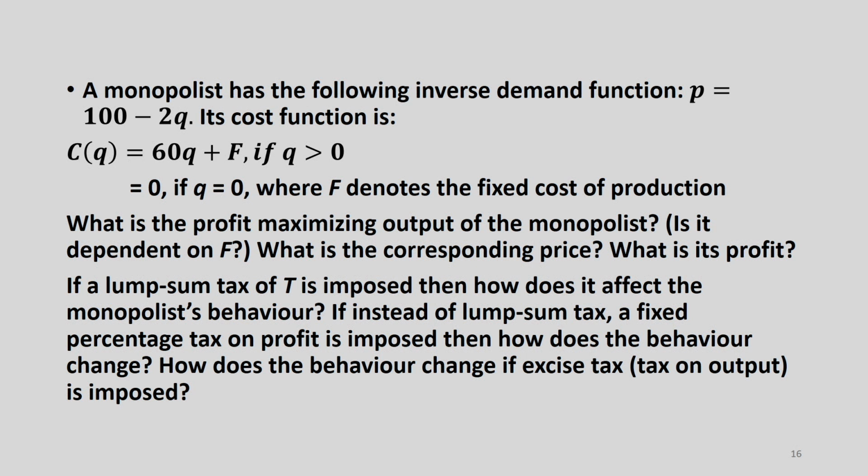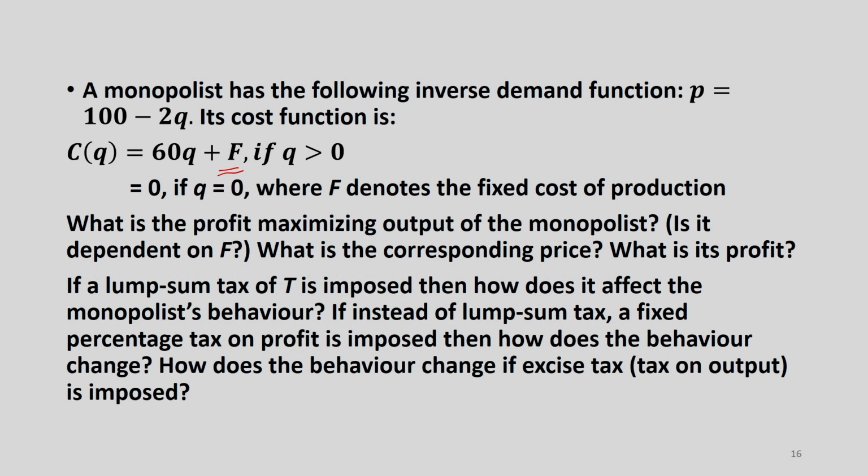What is the profit maximizing output of the monopolist? Is it dependent on F? What is the corresponding price and what is its profit? So, this is the first part. You can see that there is a fixed cost involved here. So, something similar to this we have seen before, where fixed cost was involved.